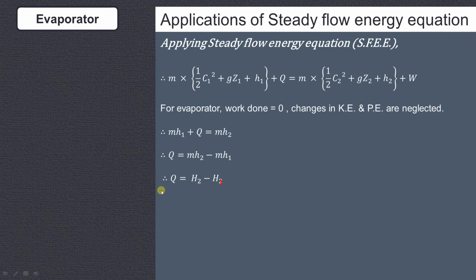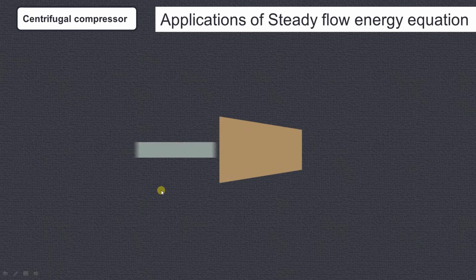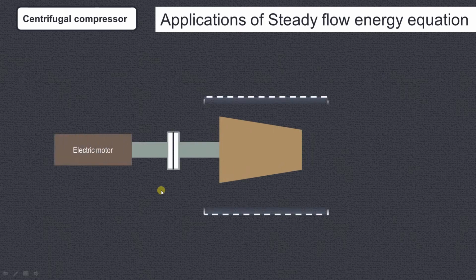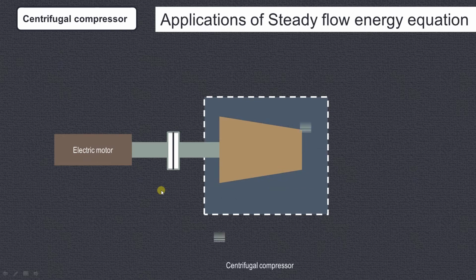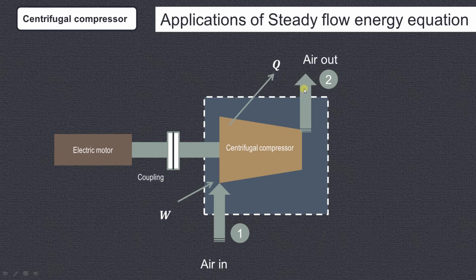Now let us see another application, that is the centrifugal compressor, in which the air is compressed as shown over here. Air will be entering inside the compressor at point 1 and then it will be compressed, and the compressed air is given out for various purposes.